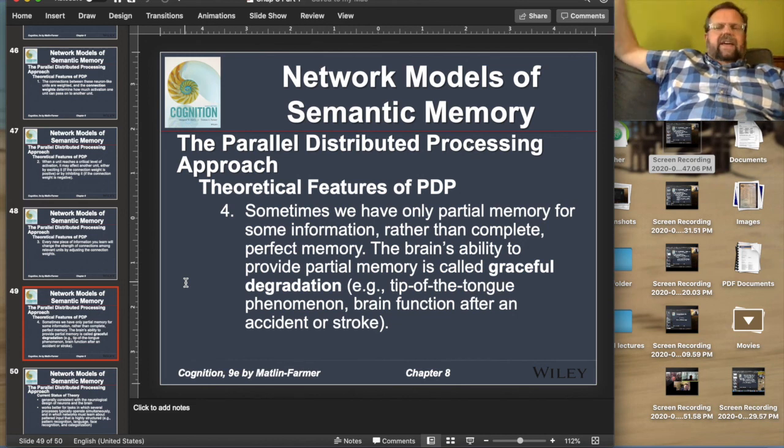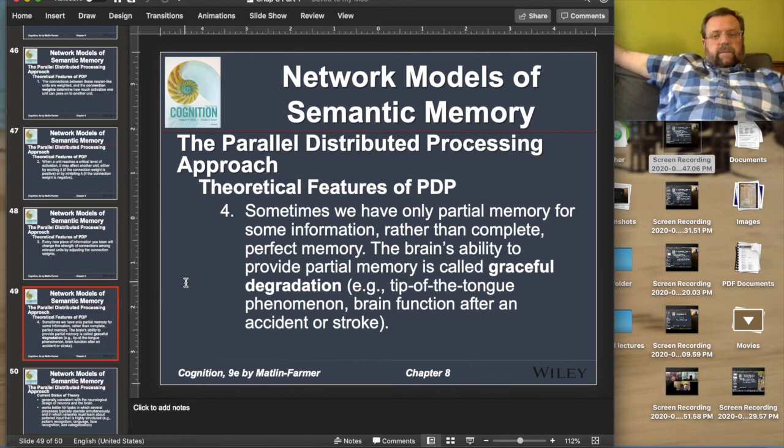It's not that everything is gone. Obviously it's sometimes gone, but a lot of times we can have pieces or parts of a memory. We can recall certain things about a memory and not others. And this may reflect the difference in the activation that's occurring, the loss of parts of a pattern, and the strength or excitation of other parts of the pattern.